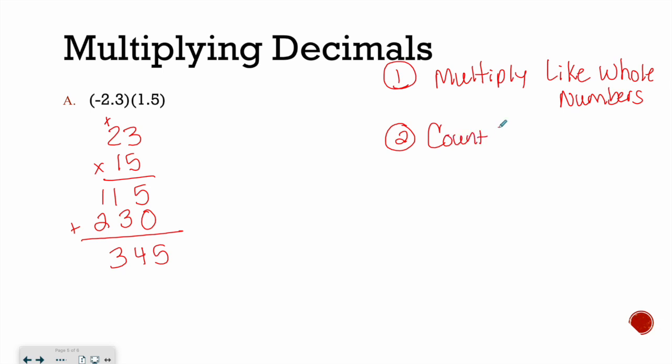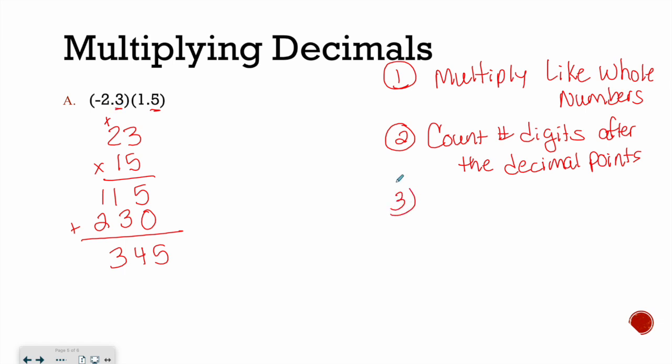And we count the number of digits after the decimal points. In this case, there's 2, so we move our final decimal point 2 places.